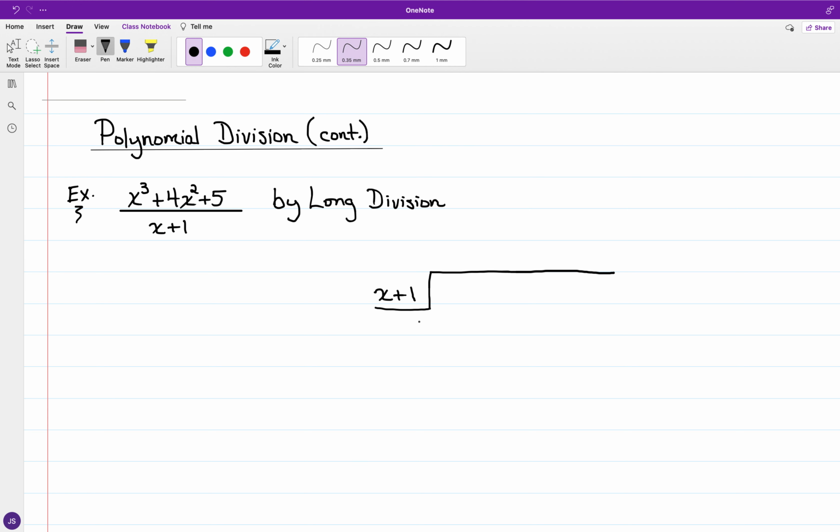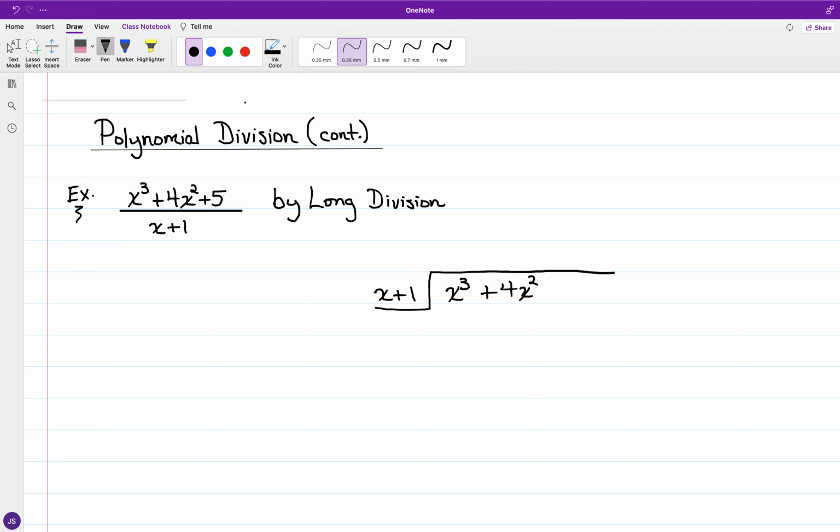So we have x plus 1 going into x cubed plus 4x squared plus 5. We have x to the third, and next in line we have 4x squared, going from a third degree term to a second degree term.